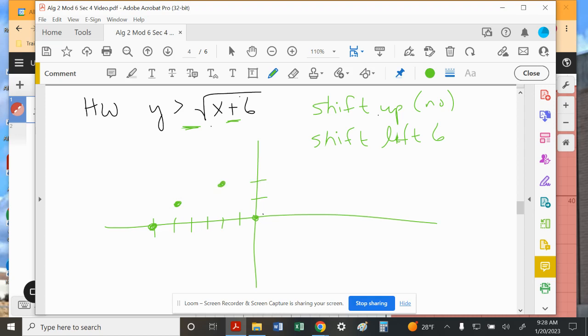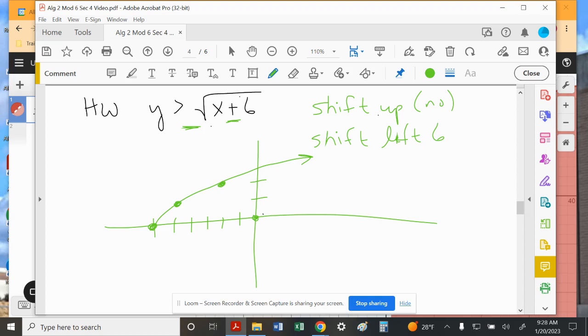Because 2 squared is 4. Notice here, 1 squared is 1, and 2 squared is 4. And then we'd have 3 squared is 9 way over here, and so on. But we can figure it out because remember, this is a square root function. So it's the opposite, or the inverse, of a squared function. So it's going to look something like that.